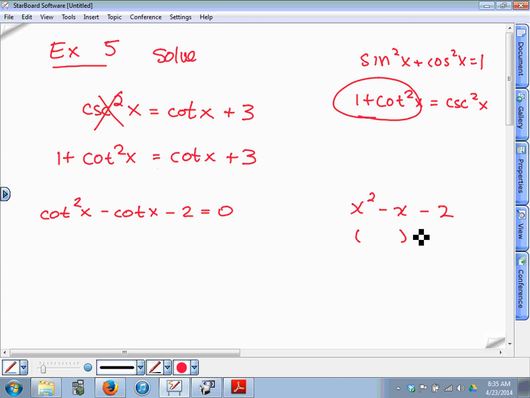How's that factor? X minus 2 and x plus 1, yep. So you can use that as a pattern to factor this. Cotangent minus 2, cotangent of x plus 1.